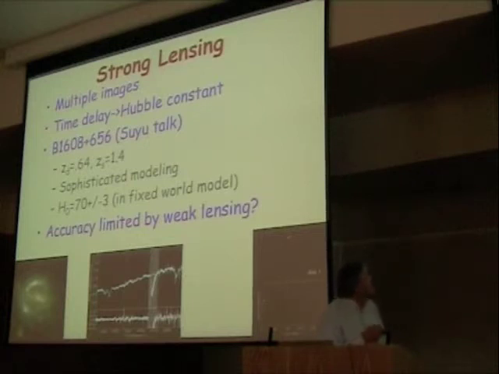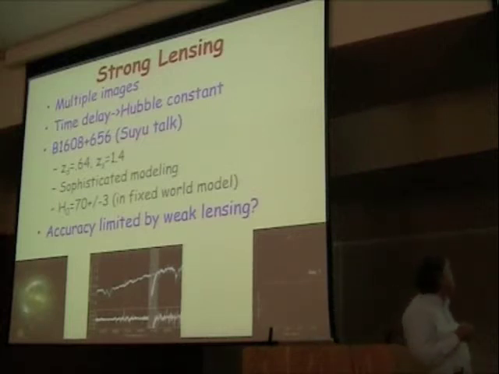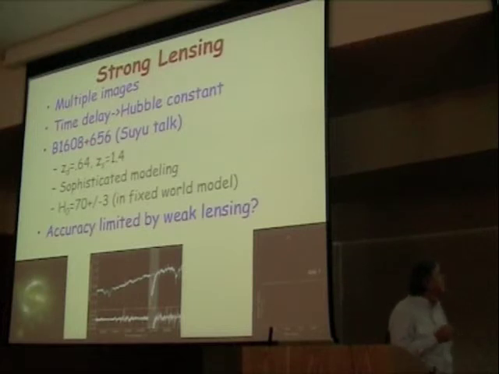The one aspect of this that inspired, if you like, this work is the prospect of measuring the Hubble constant with a time delay. Sherry talked about this on Monday. In this particular system that we've been playing with now for 15 years, we've got a lot of data and thought a lot about. There's a relatively sophisticated modeling technique.